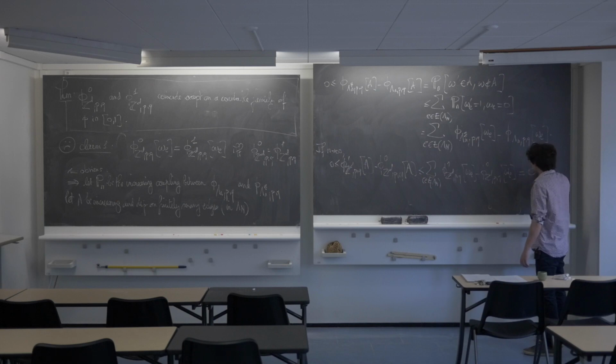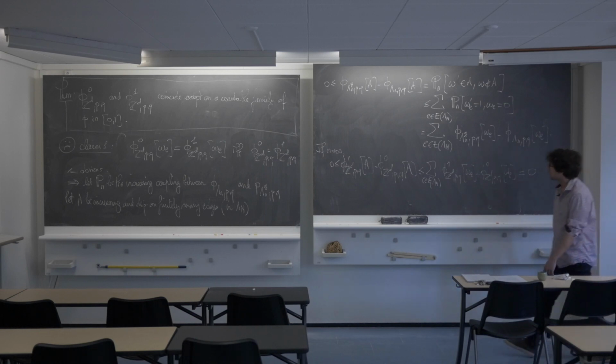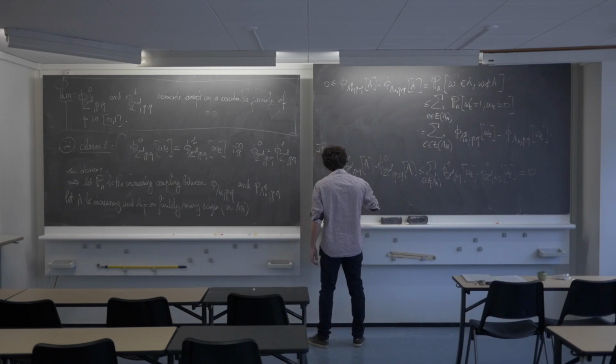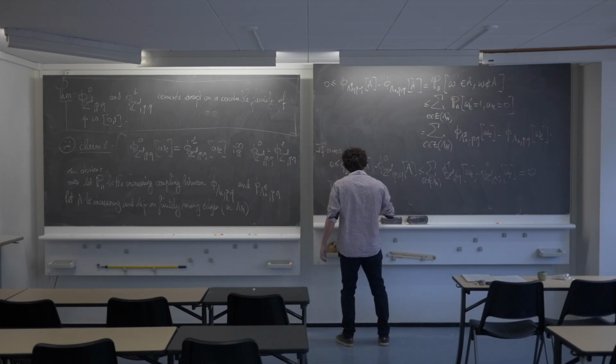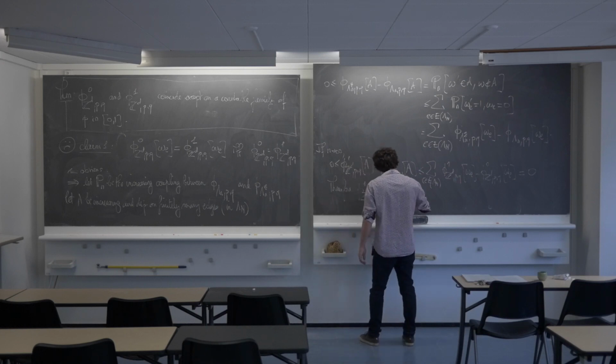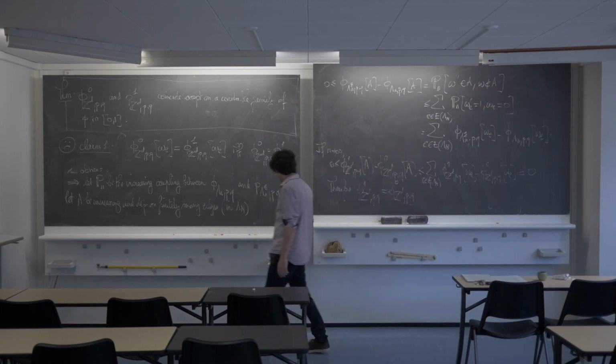So I get that for any increasing event depending on finitely many edges, phi 1 of A is equal to phi 0 of A. And by inclusion-exclusion, and then by approximation, I get that for every element. So that gives me phi 1 ZdPQ is equal to phi 0 ZdPQ. So this is the proof of the claim.